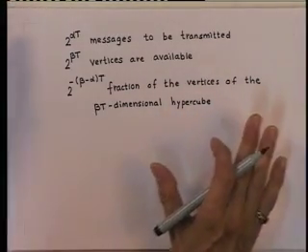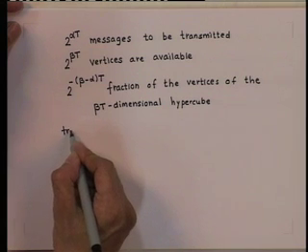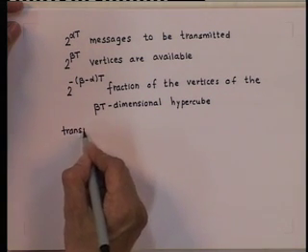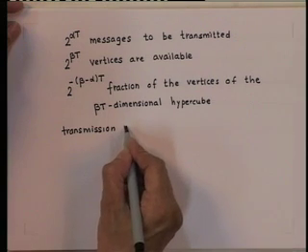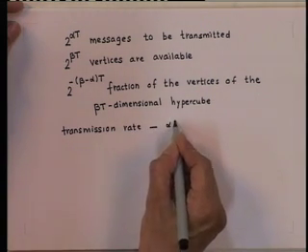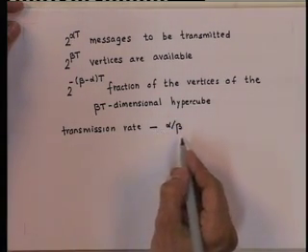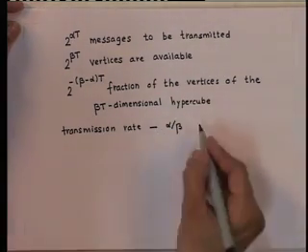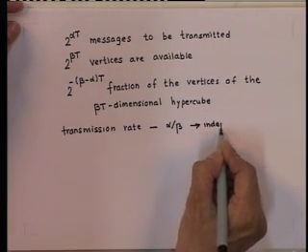Observe that we have reduced the transmission rate by a factor of alpha by beta, and this rate reduction alpha by beta is independent of t.